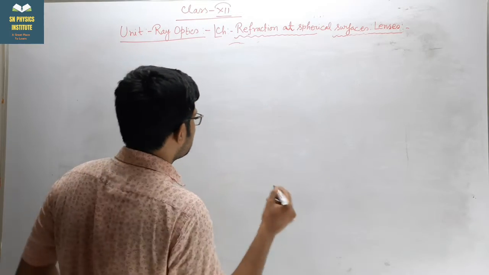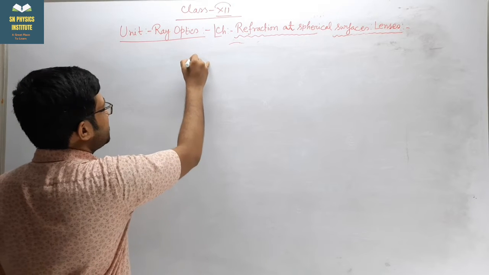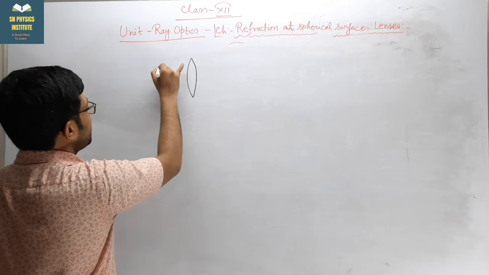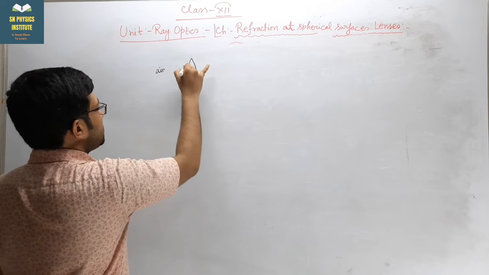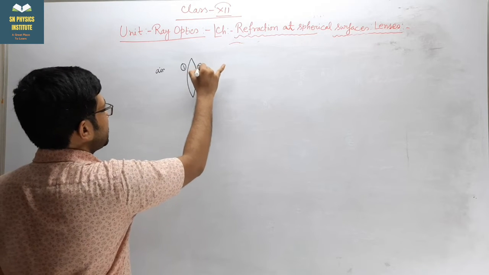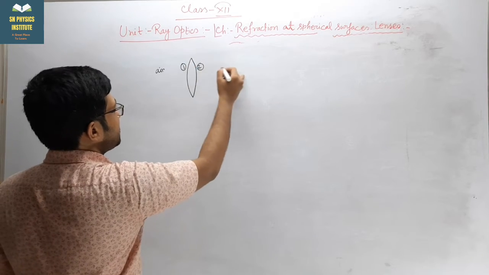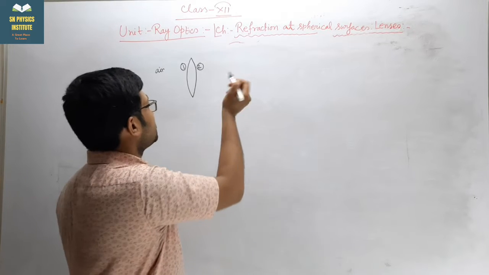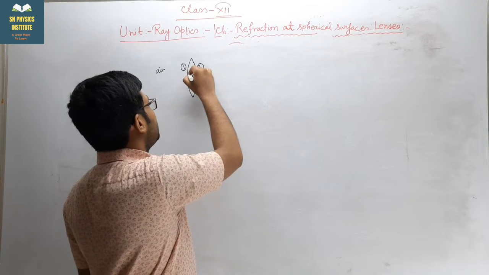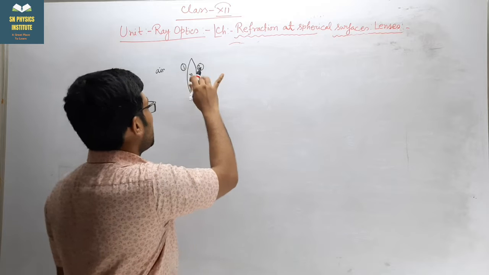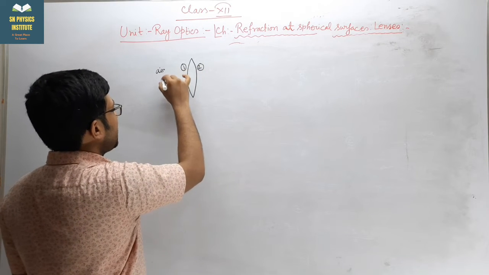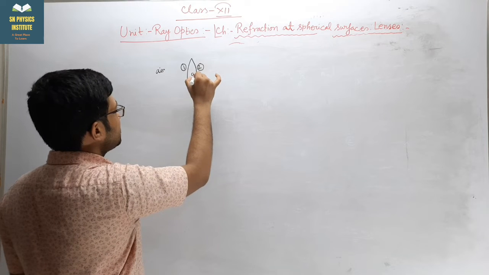For example, if I consider this is the lens, and the lens is placed in air, this is the first surface, this is the second surface. The first surface has radius of curvature r1 and the second surface has radius of curvature r2, and this is the air, this is the glass.